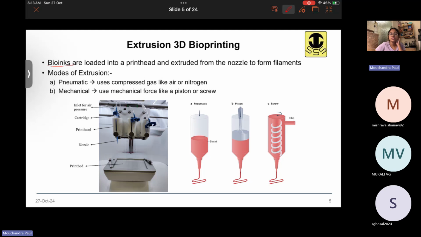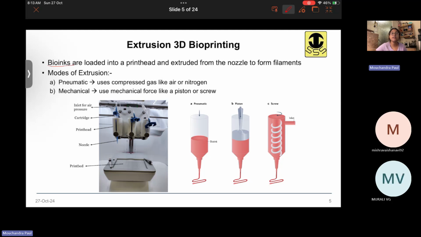All right. So this similar mechanical process is used for bioprinting as well. The material here is a bioink containing cells and other biologically active components. This bioink is loaded into a print head. Now, this print head in a bioprinter is often controlled by code, G code, like we discussed last week.